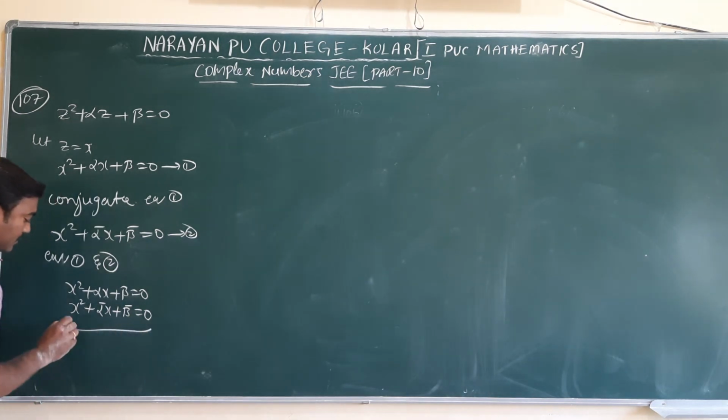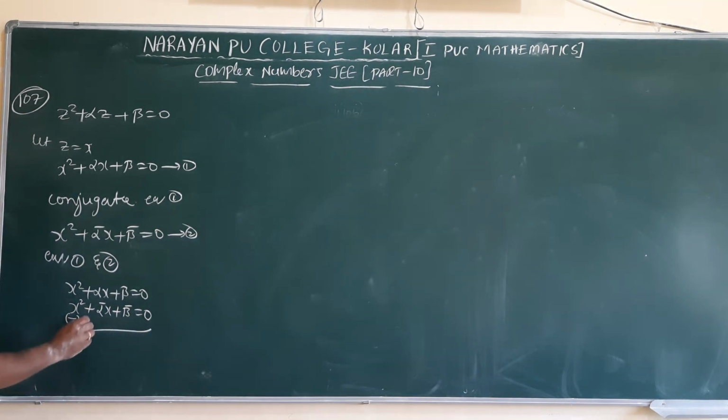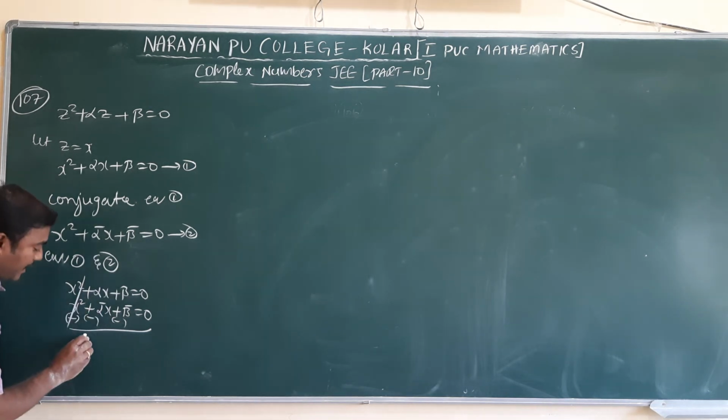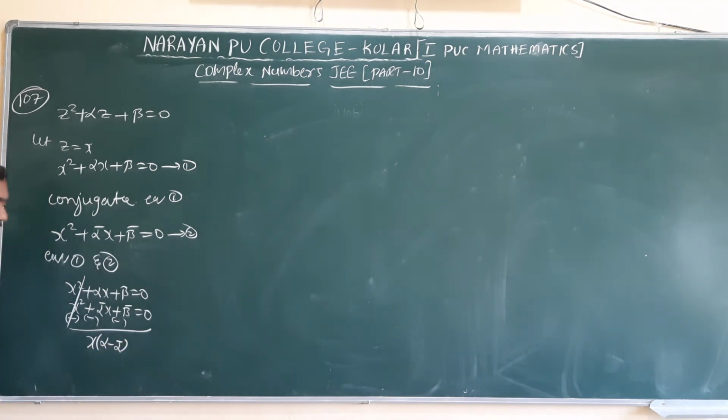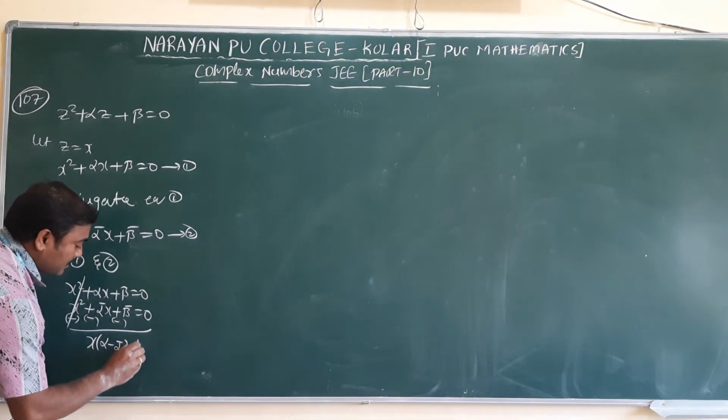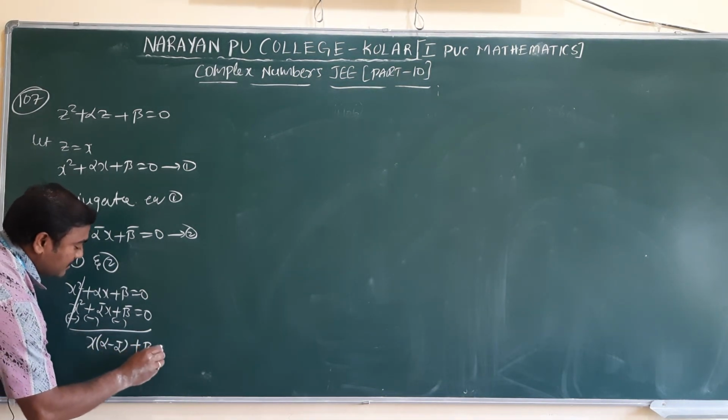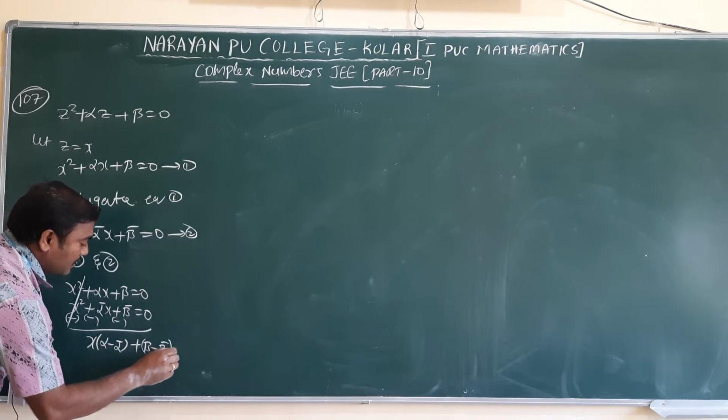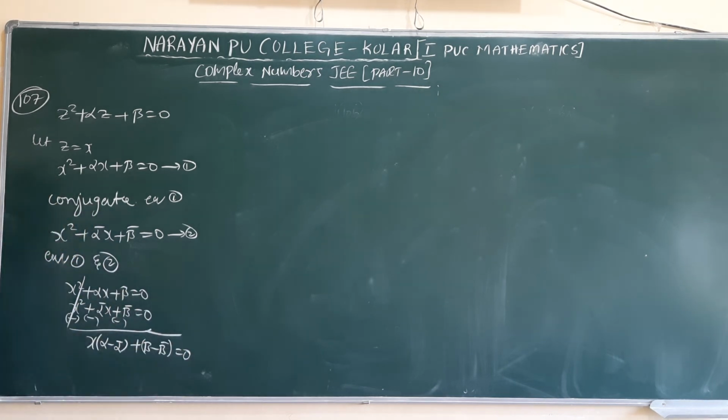Now subtract both, 1 minus 2. The x square cancels, remaining x into alpha minus alpha bar plus beta minus beta bar is equal to 0.